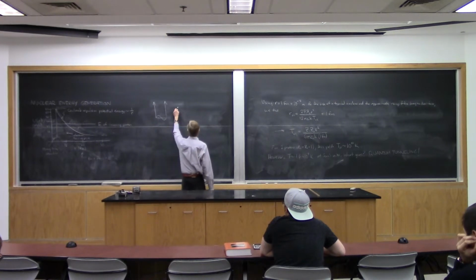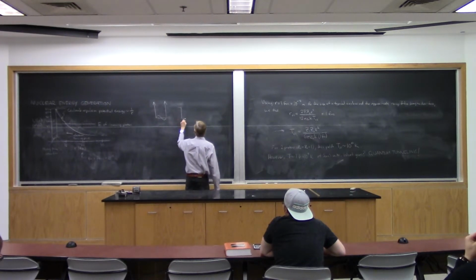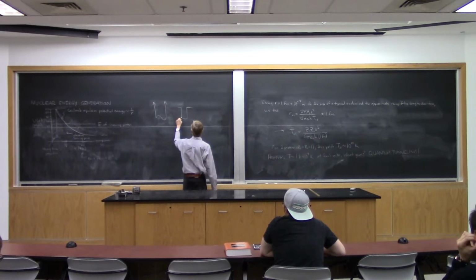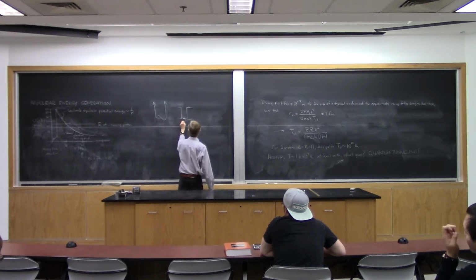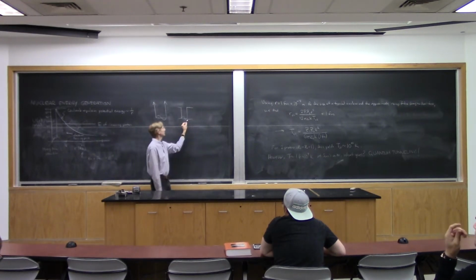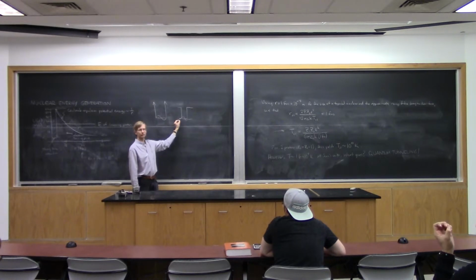Whereas if you have a finite square well, psi does not go to 0 outside the well. There's a region where the wave function is not 0, even in the classically forbidden region.